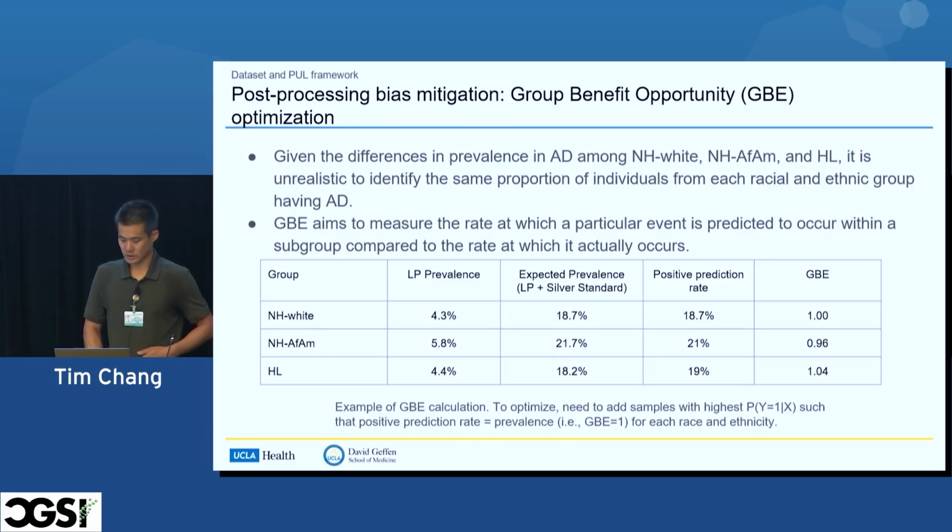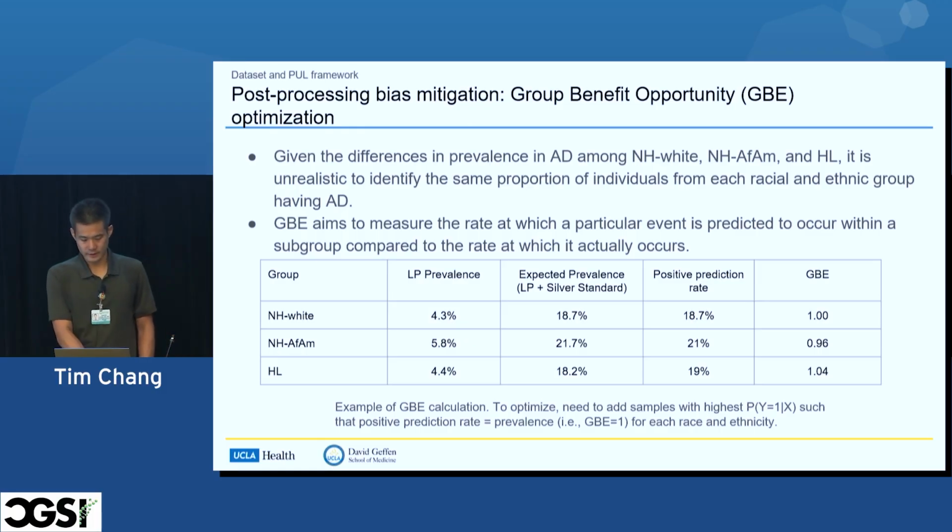So what I mean by that is that post-processing bias mitigation is something that some others have developed. This is called group benefit equality, or GBE. If we look at this chart here, the labeled positive prevalence, like we talked about, broken down by race and ethnicity, is about 4 to 5% here. But if we include the labeled positives in those silver standards, then we expect that probability to be closer to 18 to 20% when we look at the EHR chart.